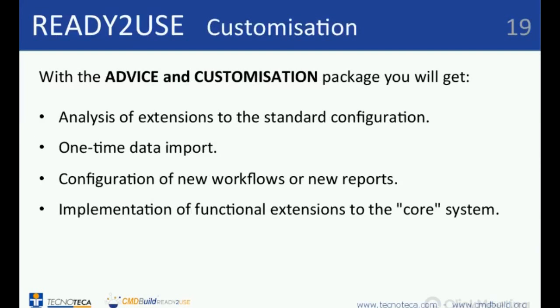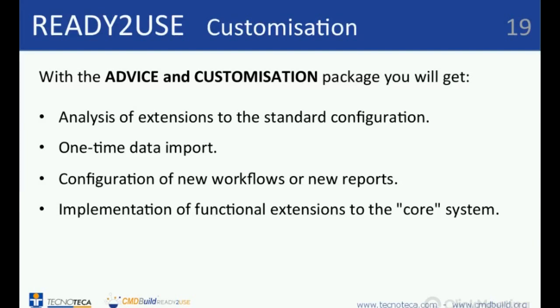Also, what you can get is the advice and customization package. This gives you the analysis of extensions to the standard configurations. We can perform data import into your instance of the data which you already have. Let's say you already have a database. We can import that into the CMDBuild database, configure new workflows or new reports, and implement functional extensions to the core system.